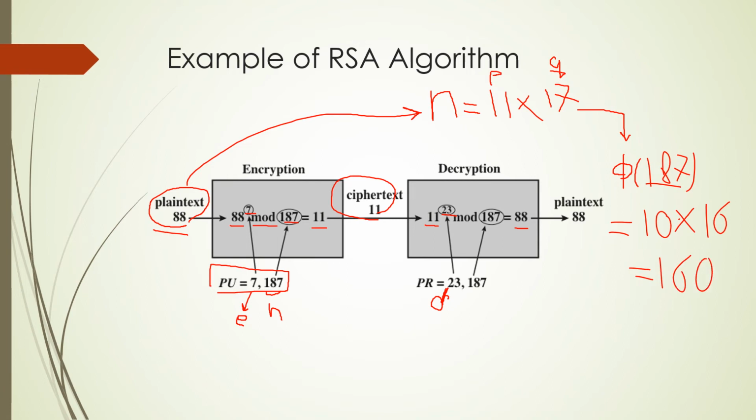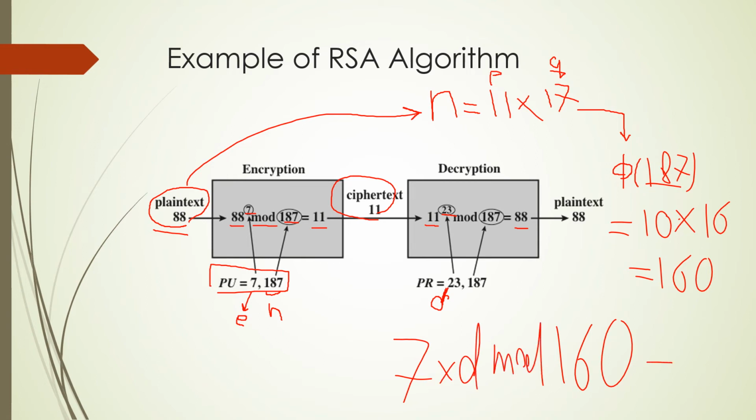And this 160 and E, which is equal to 7, can be used to calculate D on the receiving side, when Alice wants to generate the public and private key. So what I need to calculate is that 7 times D mod 160 is equal to 1.